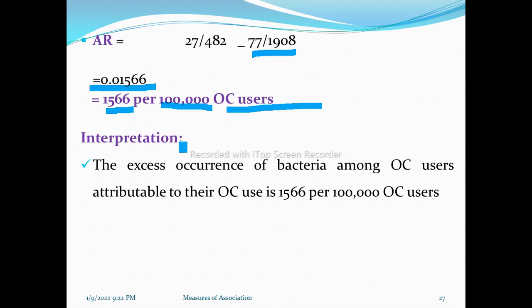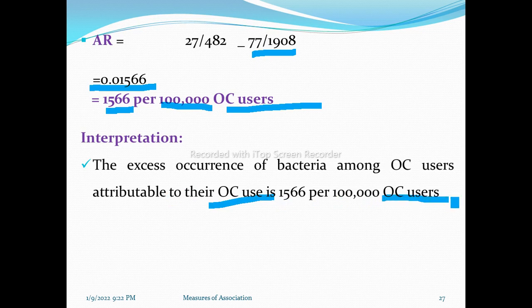This is an important concept and how to calculate attributable risk. Interpretation: the excess occurrence of bacteria among oral contraceptive users attributable to their oral contraceptive use is 1,566 per 100,000 oral contraceptive users.